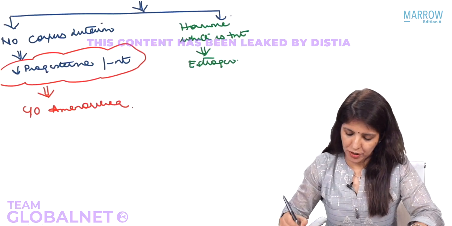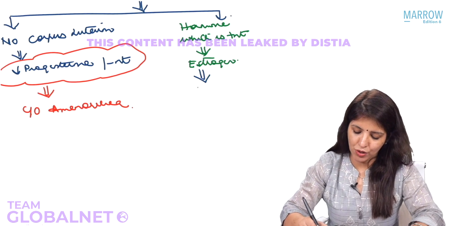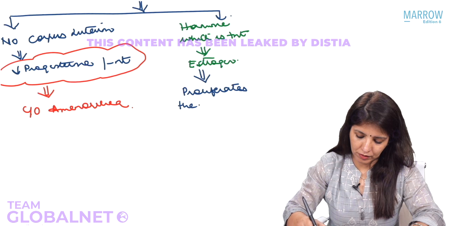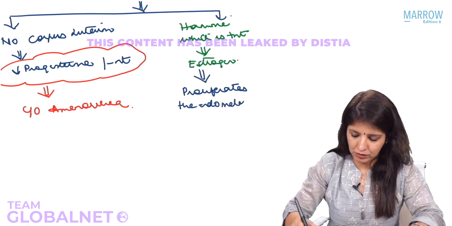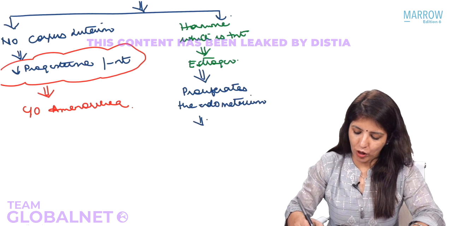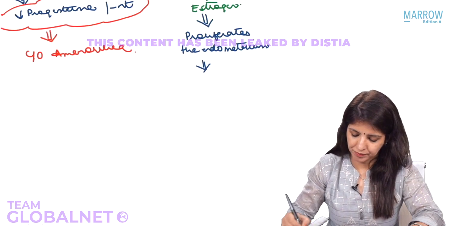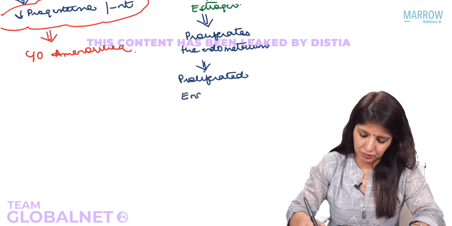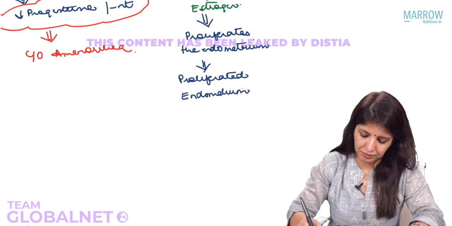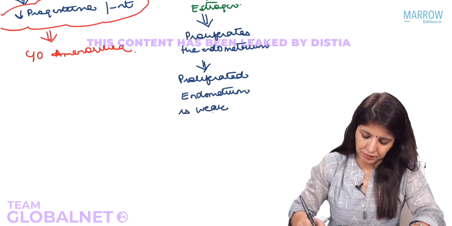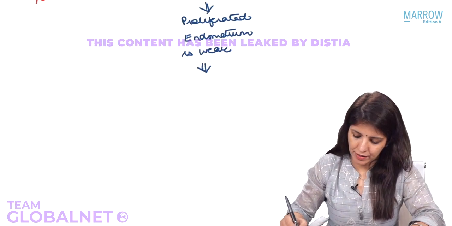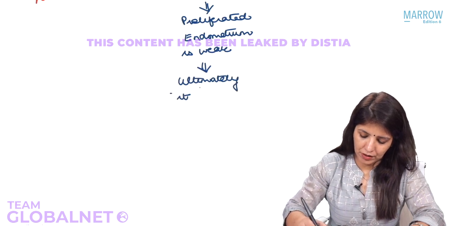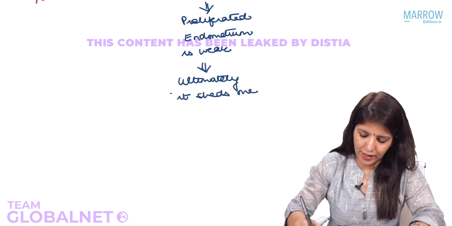So the hormone which is present is estrogen, and what does this estrogen do? This estrogen proliferates the endometrium, right? The proliferated endometrium is weak. Right? And ultimately, it sheds one day.